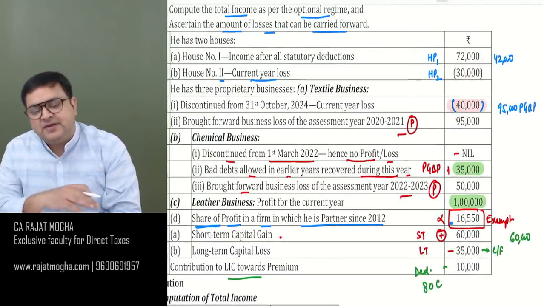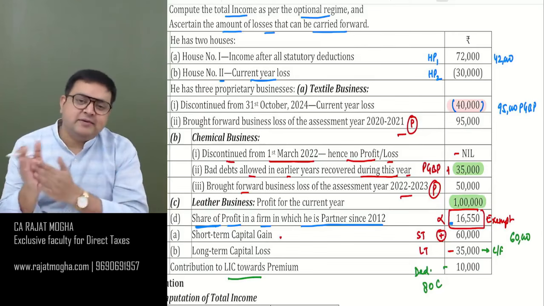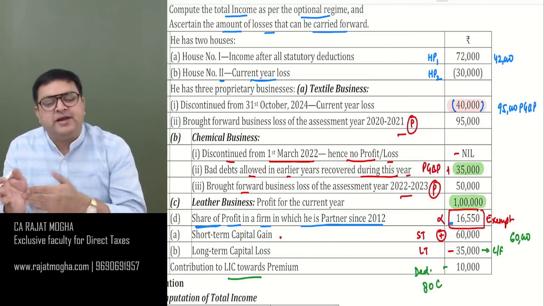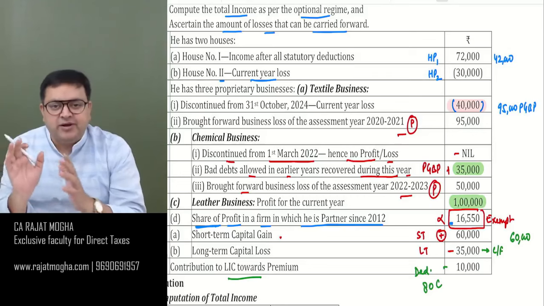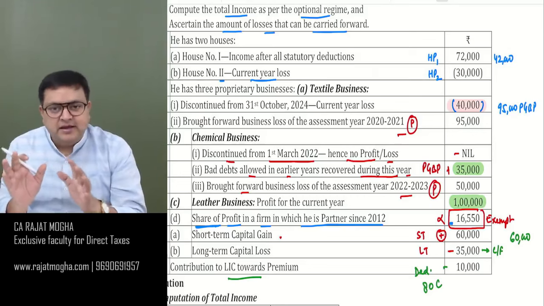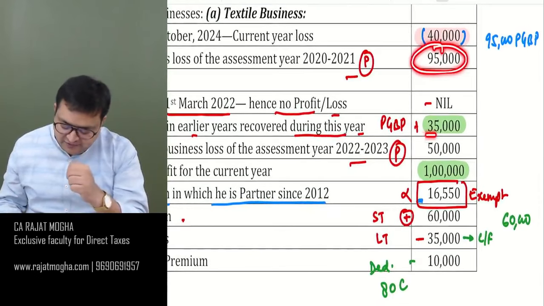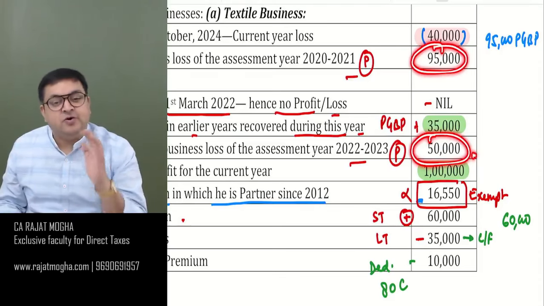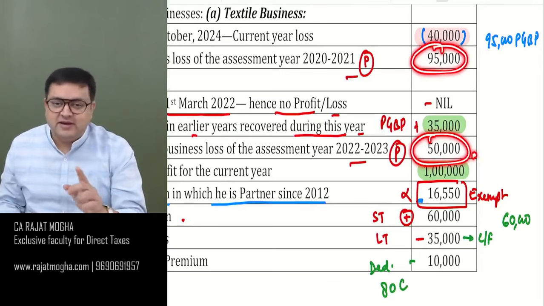Any losses which are being brought forward can be set off from that head only. It's a thumb rule. If house property has a brought forward loss, in this year it will be set off from house property only. PGBP from PGBP only. Capital gain from capital gain only, obviously. Agree? So these losses, 95,000 this, 50,000 this, can they be set off from any other head or only from PGBP? Only from PGBP. Please don't make this mistake. Correct?